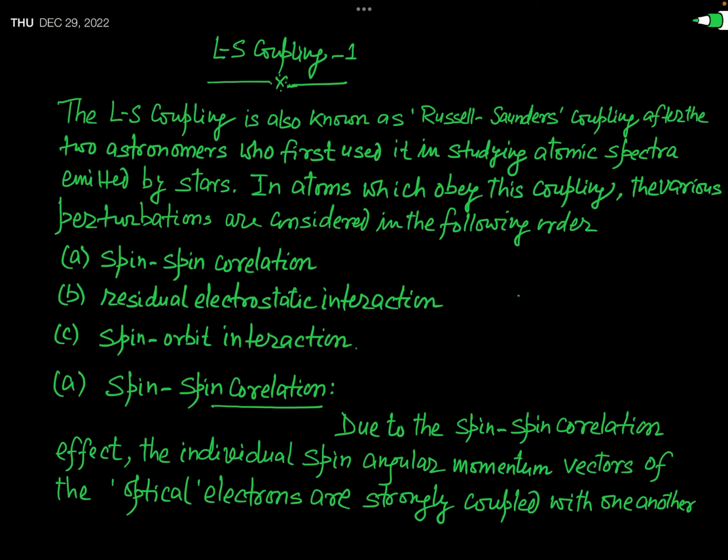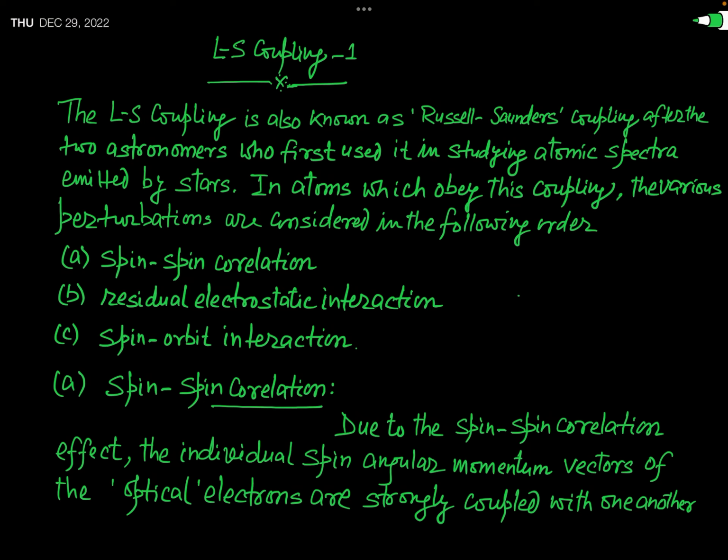One thing here we should note is that this chapter is very important for the competitive examinations. When you see the question papers of different Public Service Commission examinations for physics optional, always questions from this spectroscopic notation are asked.